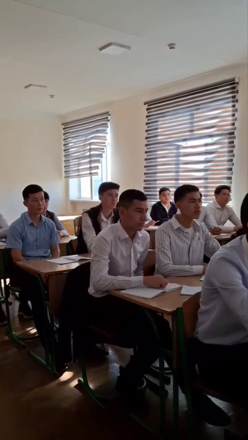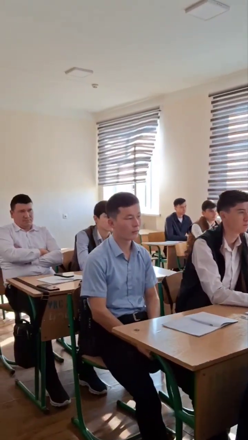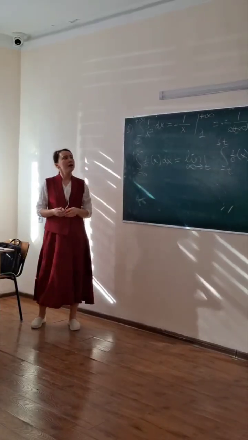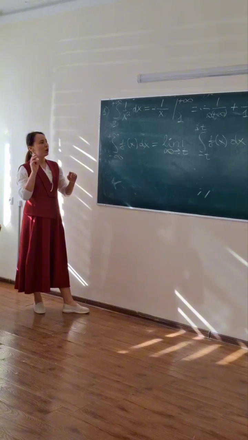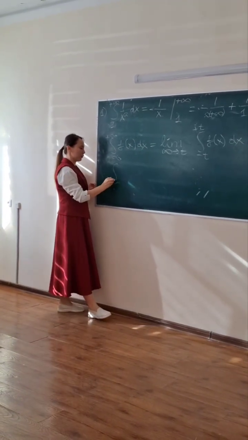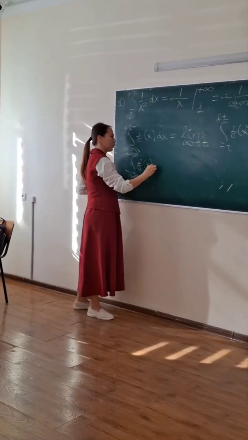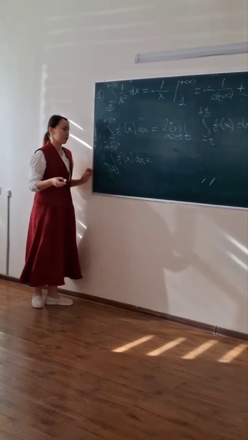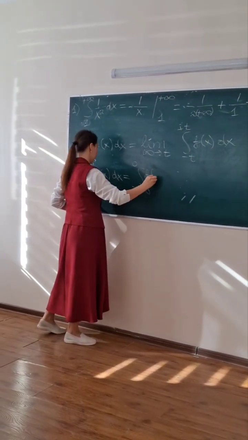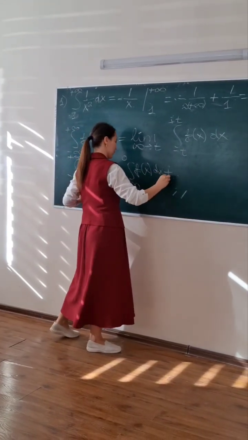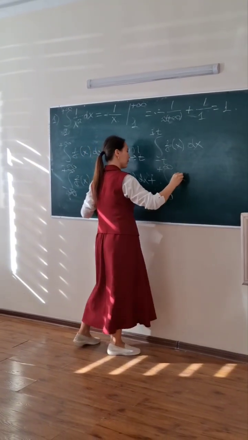This is the definition of improper integrals. We can also separate this integral into two integrals: the sum of both integrals, minus infinity to 0 of f of x dx, and 0 to plus infinity of f of x dx.